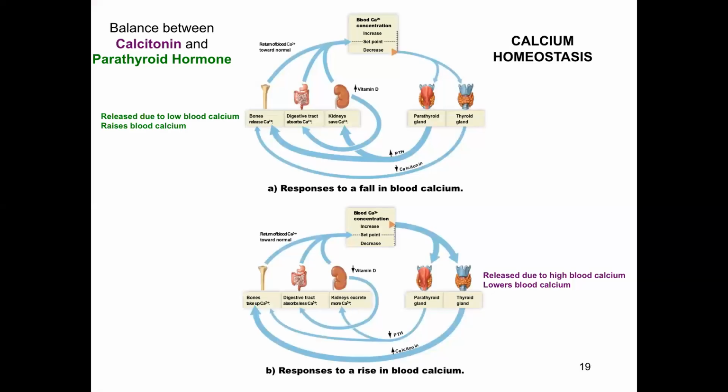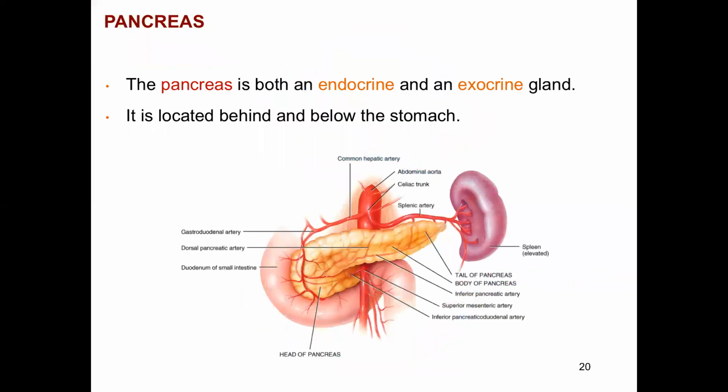All right, so exactly the opposite. Make sure you're straight on this. High blood calcium, calcitonin lowers that blood calcium in more than one way. Low blood calcium, you want to raise that blood calcium, and you're going to do that in more than one way, right? So make sure you see that these are sort of partner hormones, all right?